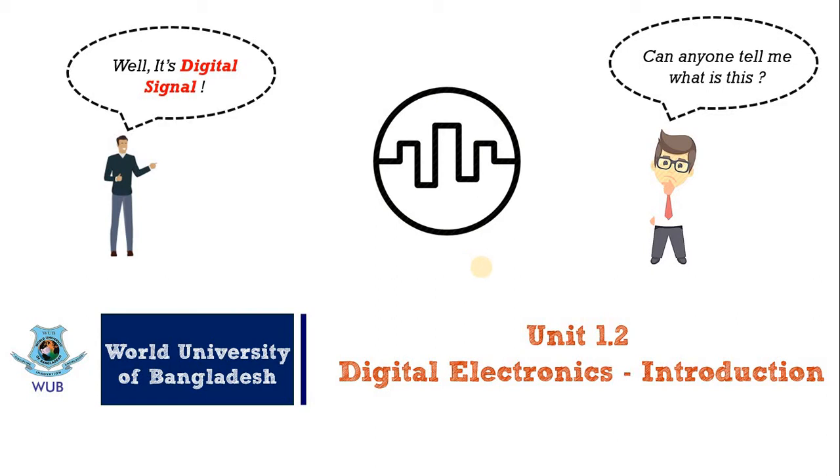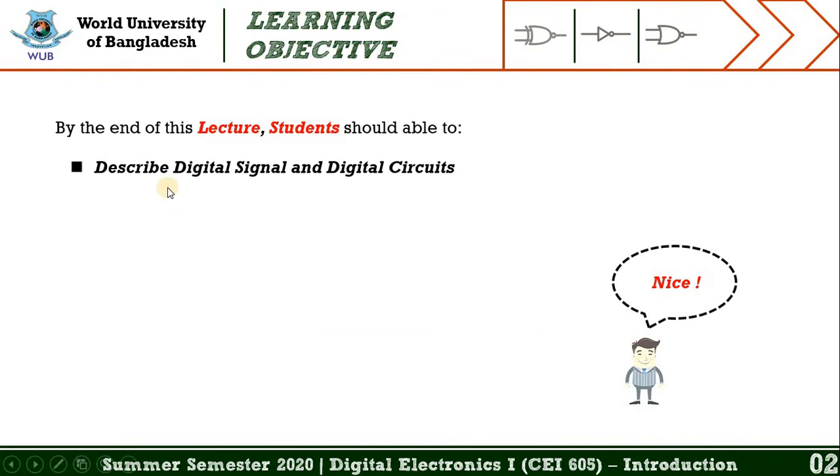So let's begin. By the end of this lecture, you will be able to describe what a digital signal is and what digital circuits are. Now let's move into the next slide.